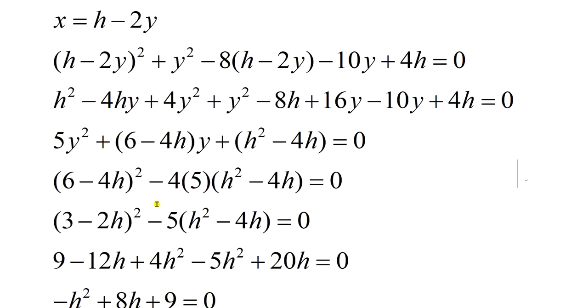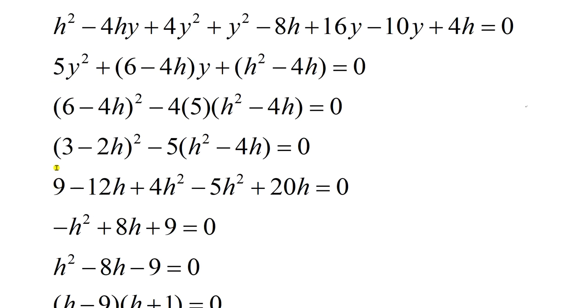And you just solve it, making it a standard form quadratic equation in h now. But here, why can we change to this line? There's an even number 6 and another even number 4, so take out a common factor 2, but there's a square, so 2 squared, that is 4. And here you also have another factor 4, so just cancel these two. All terms are divided by 4.